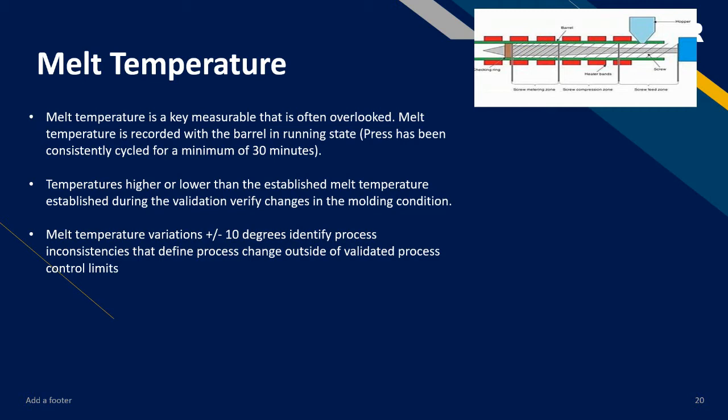So temperatures higher or lower than the established melt temperature during validation can verify changes in the molding condition. Melt temperature variations from your own measurement of plus or minus 10 degrees can identify process inconsistencies, and that there may be a problem with the process. Something has changed to cause it to drift outside of validated process control limits.